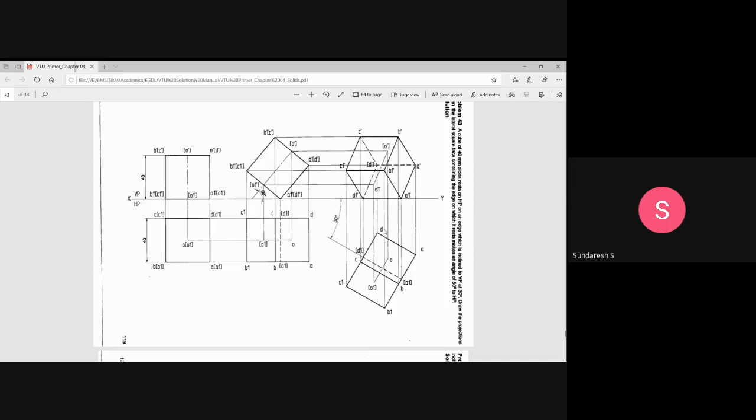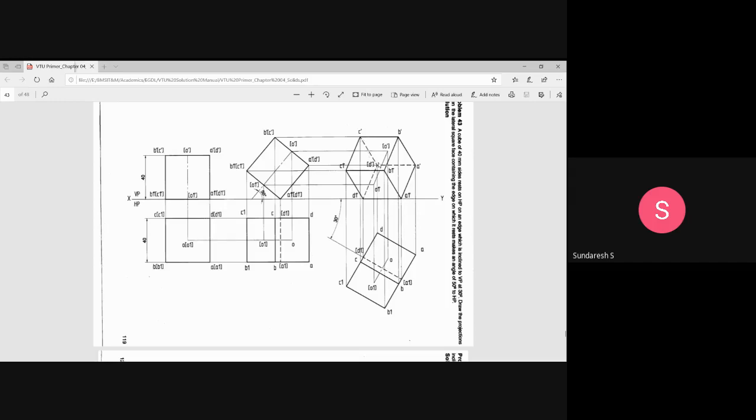Only the edges which are not visible in the front view are the edges which come out of the point away from the observer, which is D. The edges are D dash and C dash, D dash and A dash, and D dash and D1 dash. These three edges are not visible in the front view.